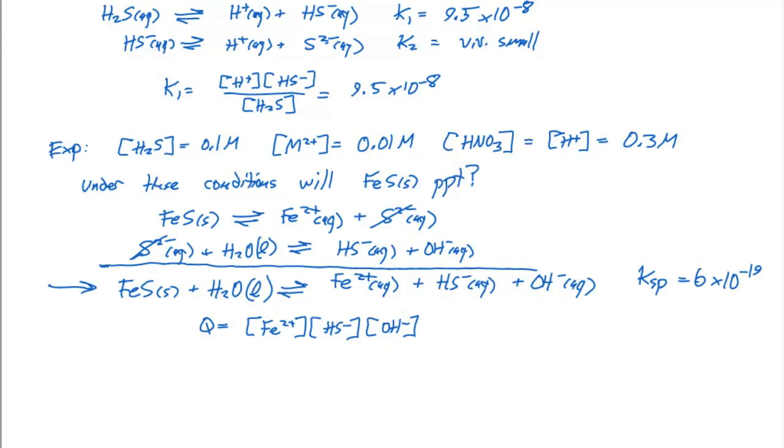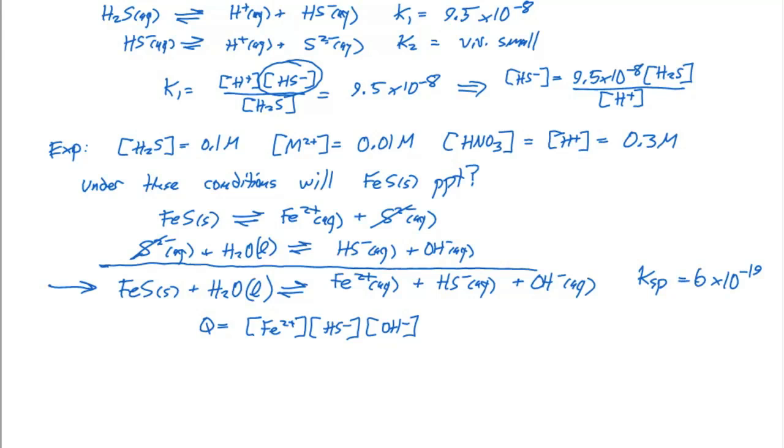The HS minus concentration comes all the way up here from this particular expression. So if we were solving for our HS minus concentration, our concentration of HS minus is going to equal 9.5 times 10 to the minus 8 times the concentration of H2S divided by the concentration of H+.